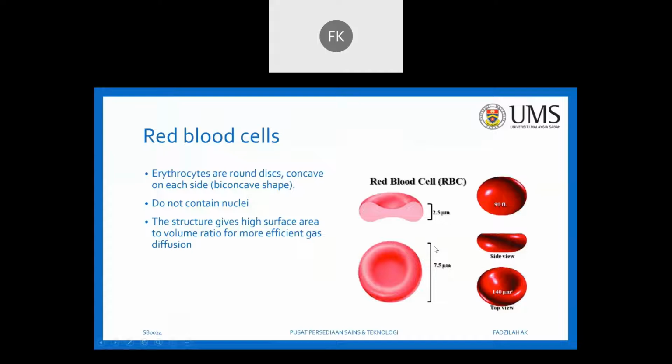The red blood cell has a biconcave shape and contains no nucleus. The structure gives a high surface area to volume ratio for more efficient gas exchange. So one of the main functions of your circulatory system, your blood, is to transport the gas.